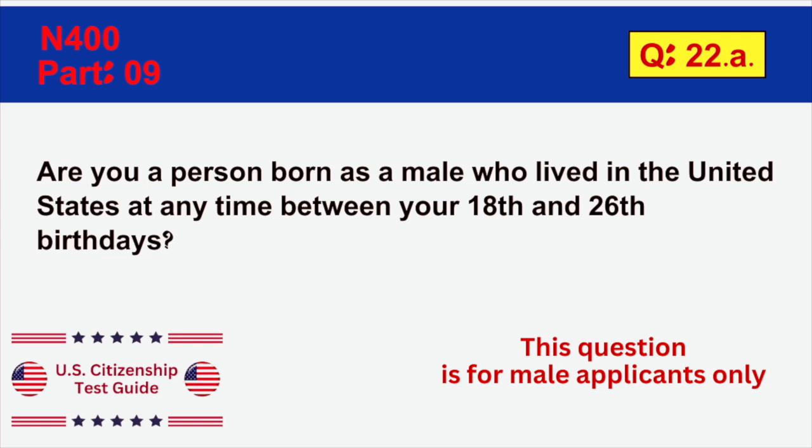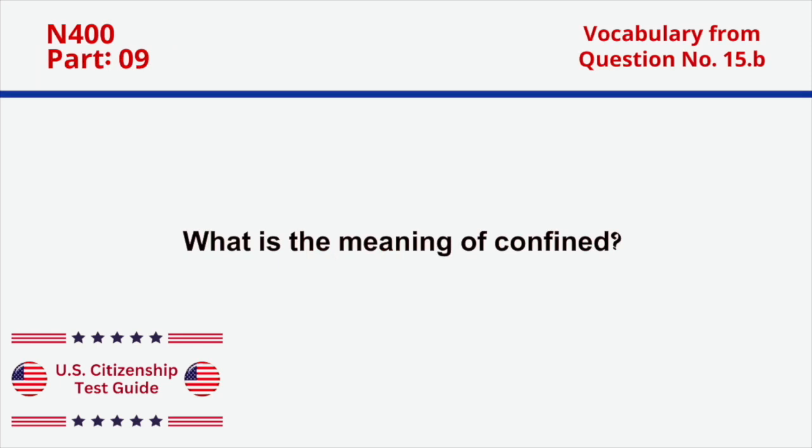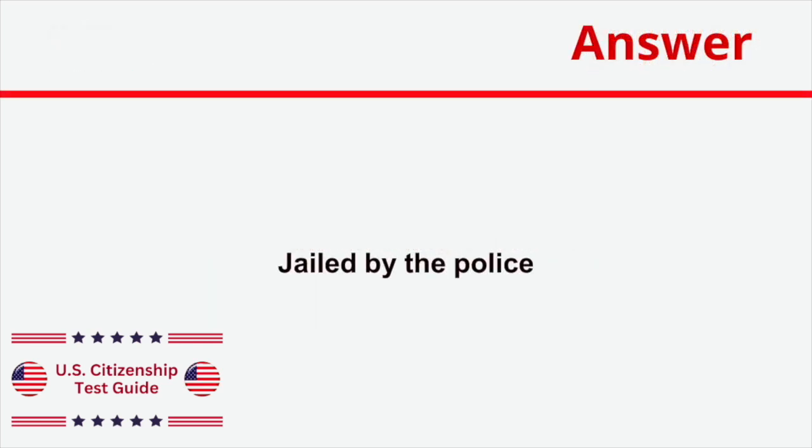Are you a person, born as a male, who lived in the United States at any time between your 18th and 26th birthdays? No. What is the meaning of confined? Jailed by the police.